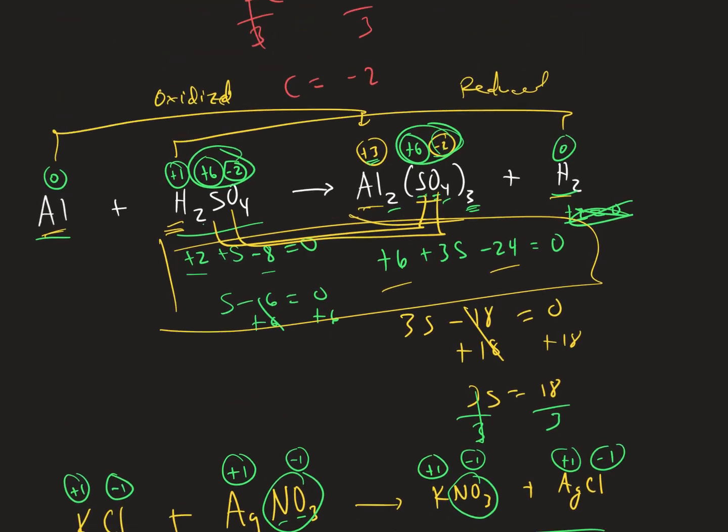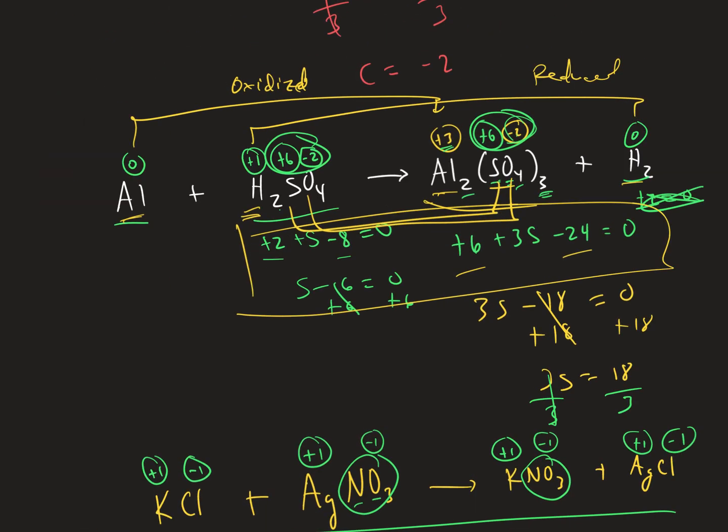But like on this one up here, I could have just said, okay, this is -2 here, and this is -2 here, right? See, we didn't use that one anyway. This one was oxidized, and this one was reduced. Did that help? Yeah.